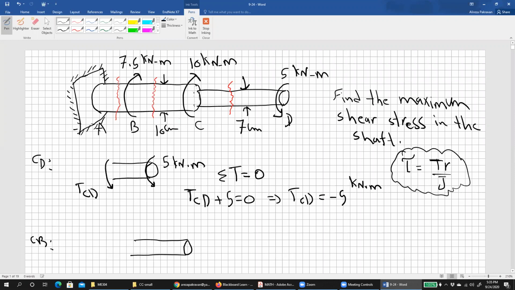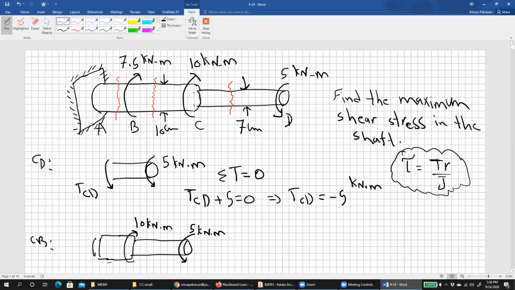So we have something like that. And then we have maybe another. So this is 5 kilonewton meter, this torque. We have one torque here. It's the other direction, right? 10 kilonewton meter.